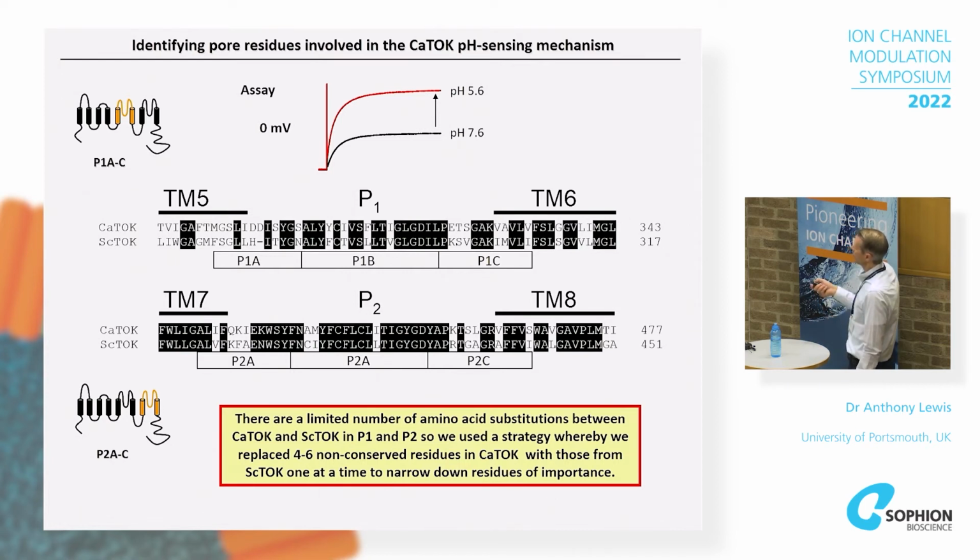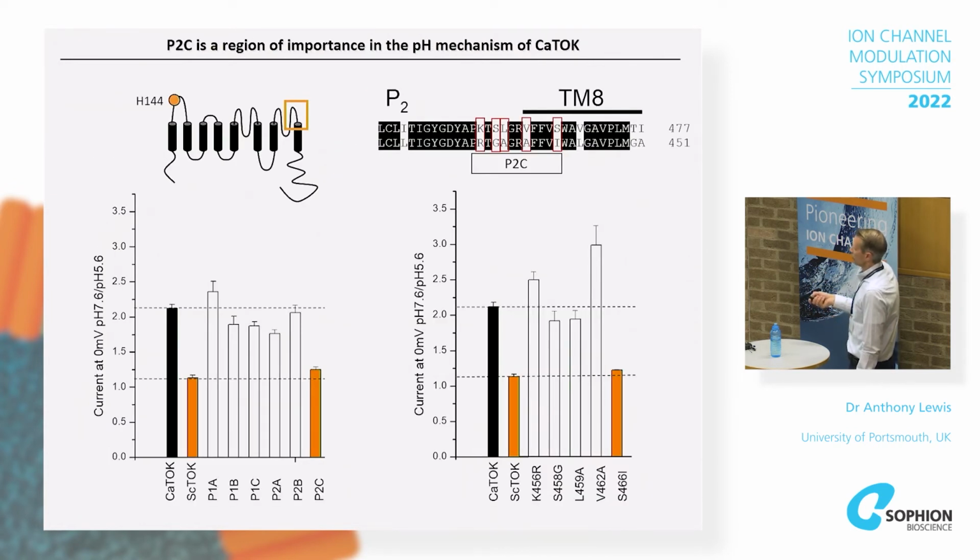When you test the pH sensitivity by changing the pH from 7.6 to 5.6, you can see that even with an almost entirely Saccharomyces P1, there was no effect on pH sensitivity. But there does appear to be something that's required at the distal end of the second pore subunit.